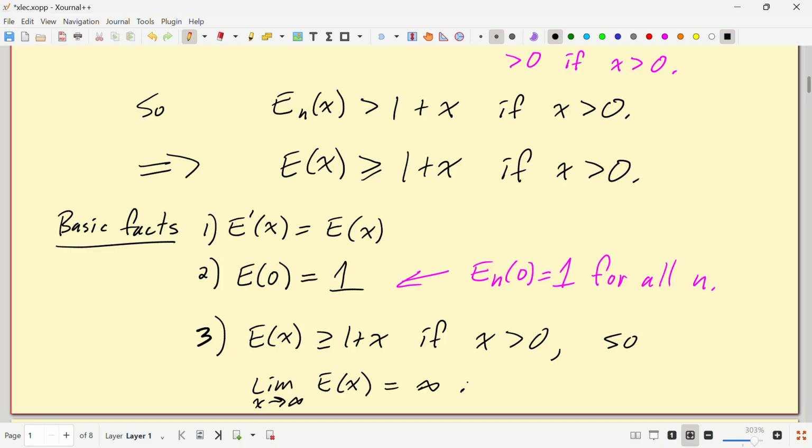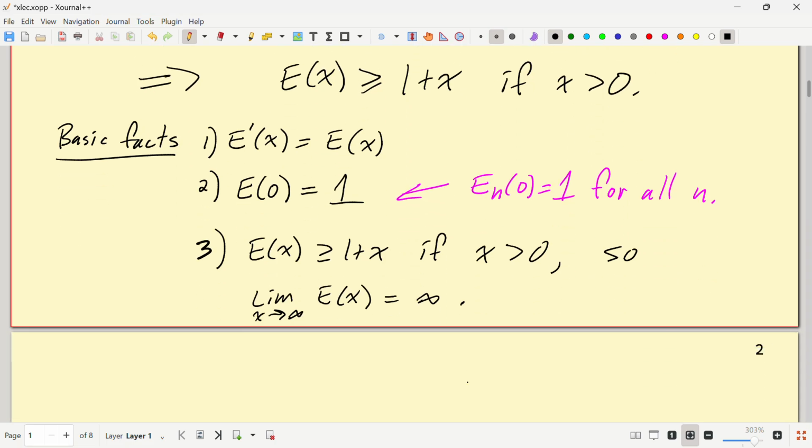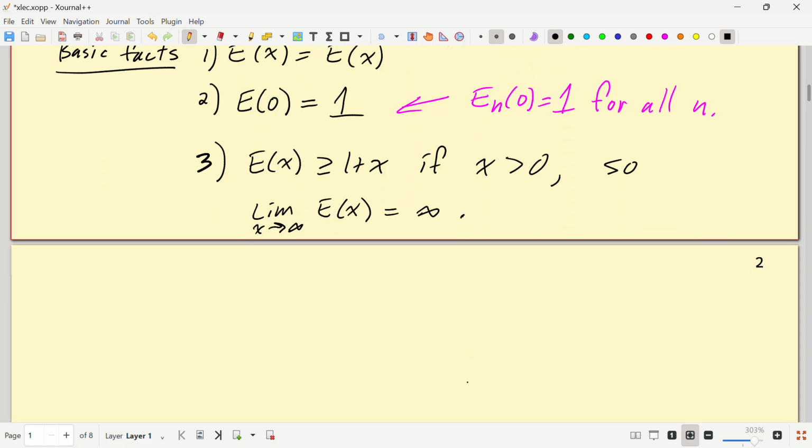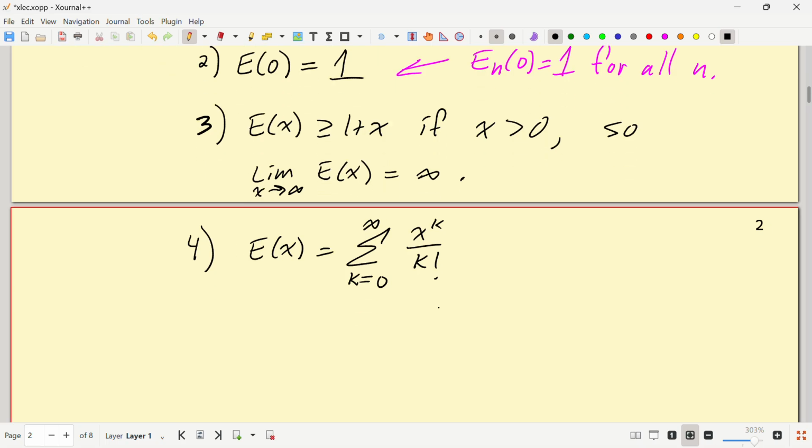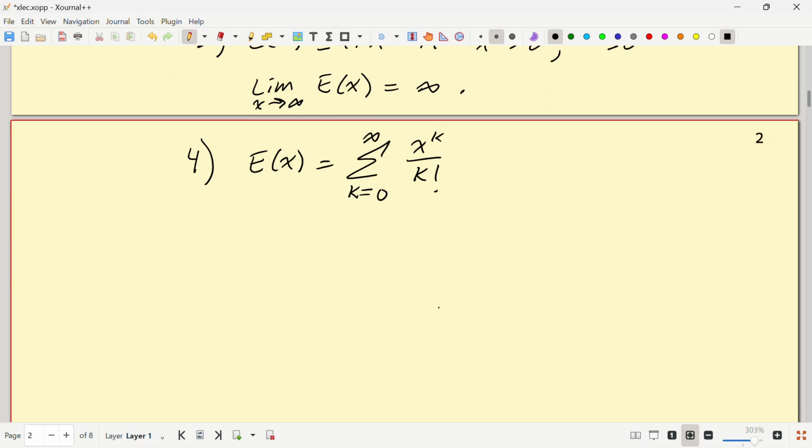That's an easy thing to see. I guess I might as well write it out. The way we've done this, E of x is the sum as k goes from 0 to infinity, x to the k over k factorial. Okay, now I'm going to get some more exciting facts about the exponential. Let's see, last time I told you about that lemma.